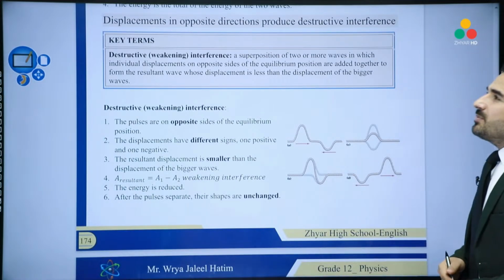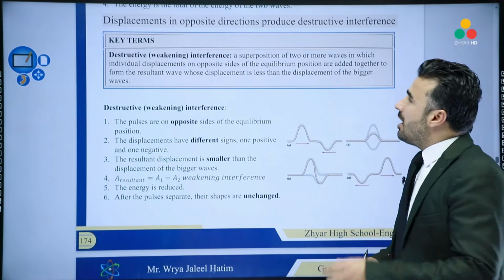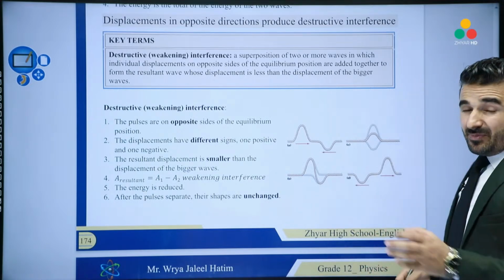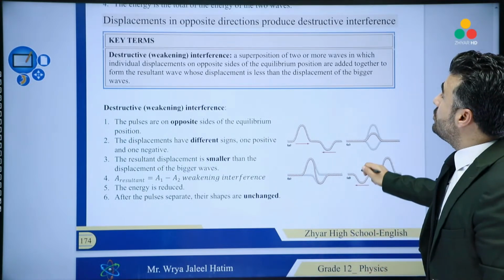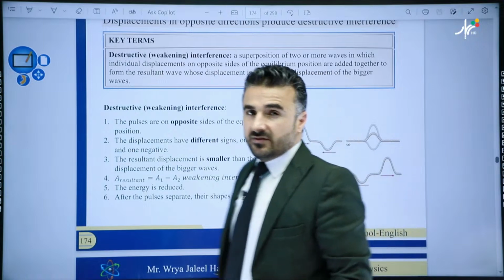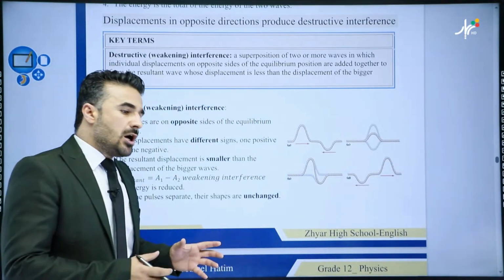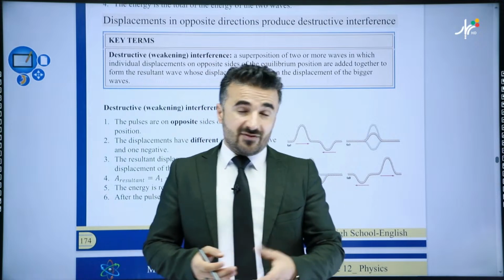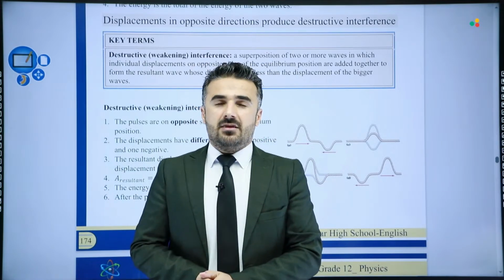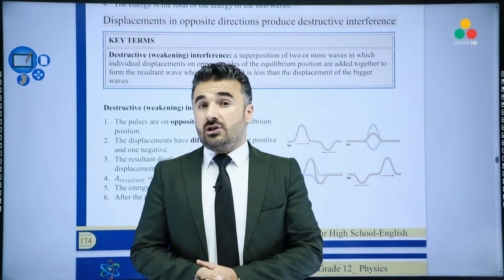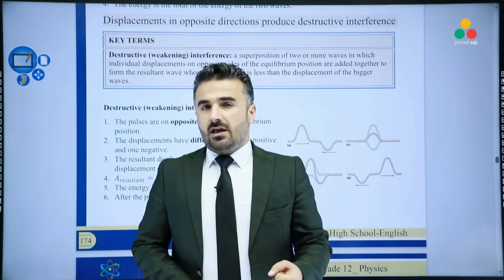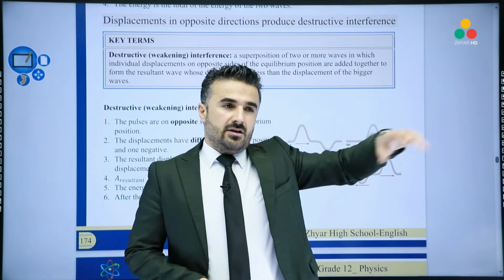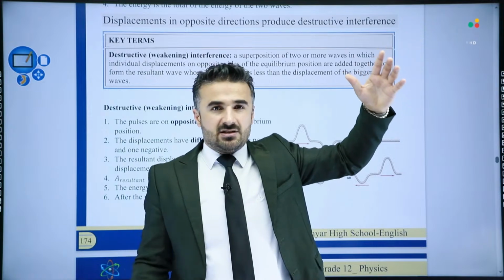Okay. Now what happens if displacements are in opposite direction? All right. Displacements in opposite direction produce destructive interference. So we did talk about constructive interference, yeah? When does it happen? Of course, when two waves meet in the same medium. It happens when the two waves are on the same side of the equilibrium, whether upward, they both have to be upward, or they both have to be downward.